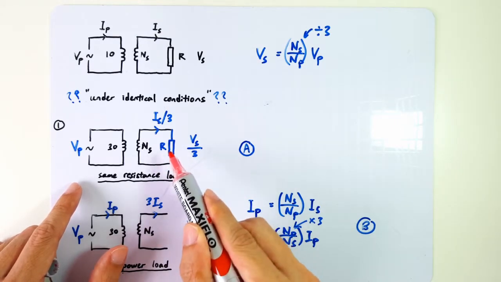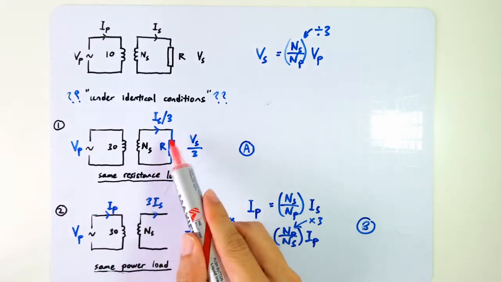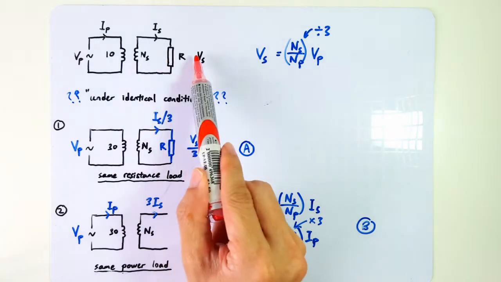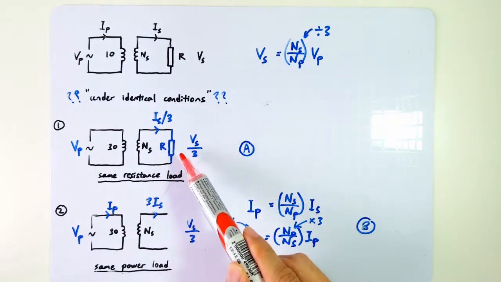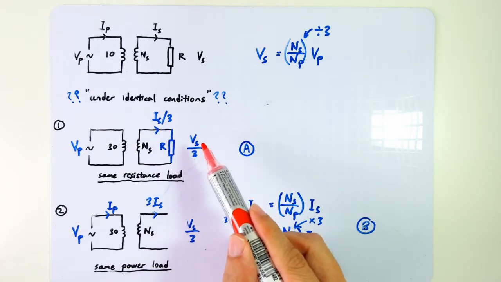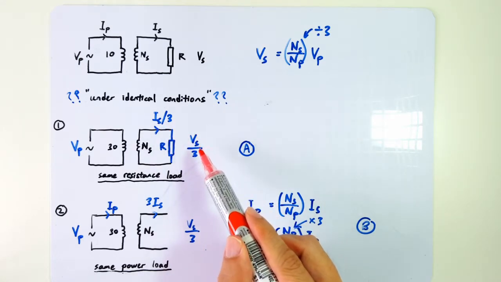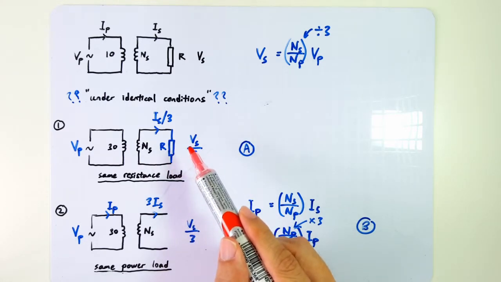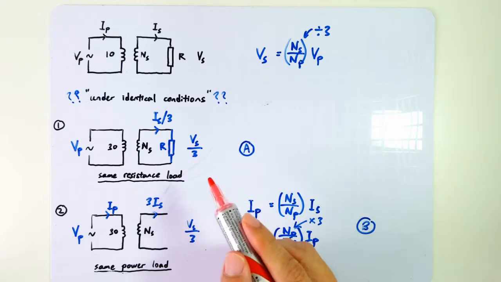Do you notice that by keeping this load the same, the power delivered is actually not the same, right? The original power delivered was Vs times Is. The new power now is Vs over 3 times Is over 3. So that's actually VsIs divided by 9 now. So the power delivered is actually reduced and is divided down by 9.